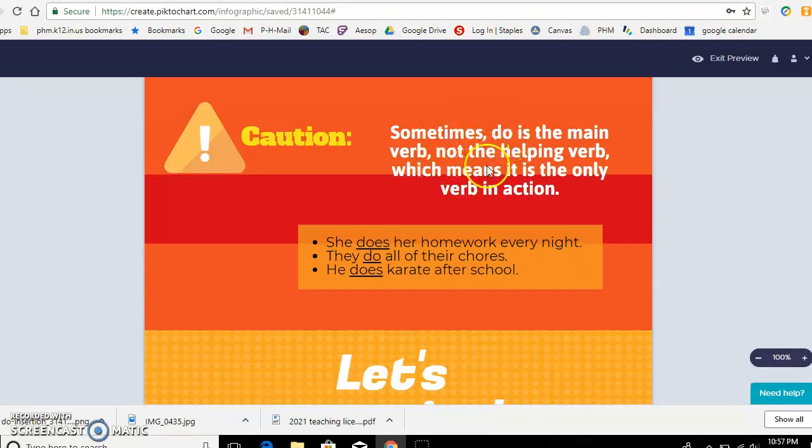So going over helping verbs as opposed to main verbs should not technically be confusing. It's supposed to just point out that do and does can be the main verb. Actually, all forms of do can be the main verb instead of just helping. So I left that the way it is. I think that's still helpful.